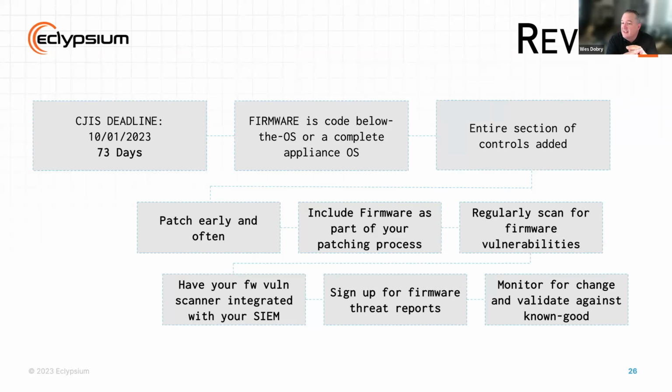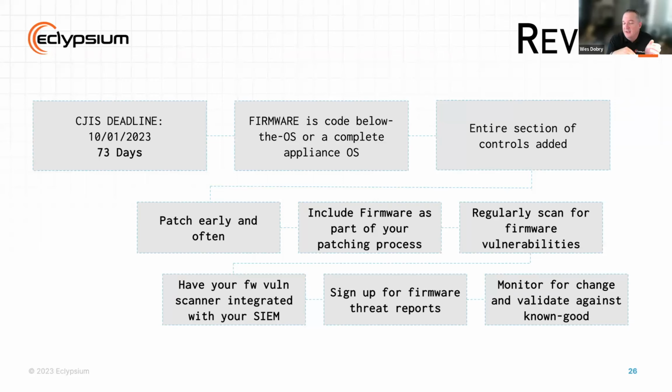We also know that this firmware must be integrated as part of your existing configuration management and patch management processes. We've also added the control around that we need to regularly scan for firmware vulnerabilities in addition to our software and operating system vulnerabilities as well.